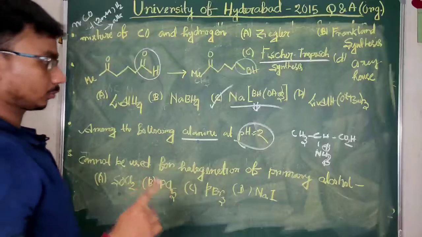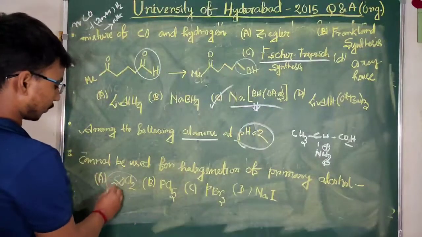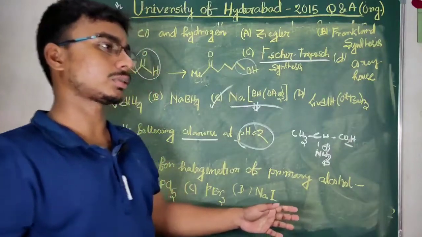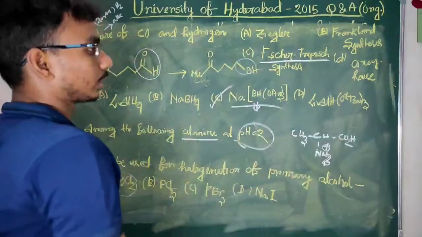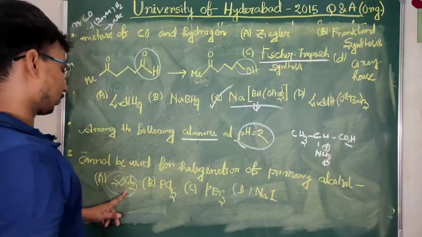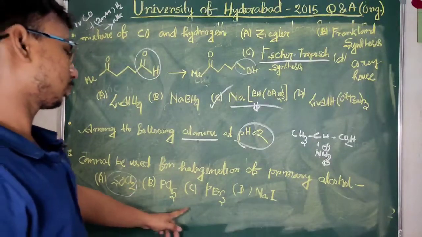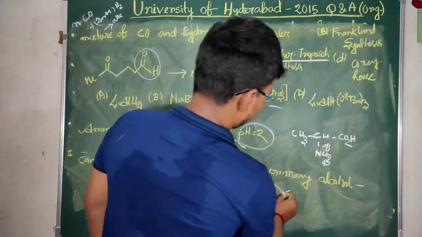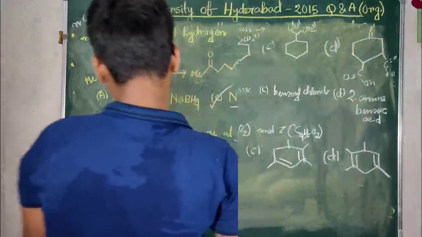We have to predict that reagent. We know SOCl2 is a very capable reagent to convert a primary alcohol to a primary haloalkane. PCl5 is also an equivalent reagent to SOCl2. PBr3 also can, but NaI can't. So it will be our answer.